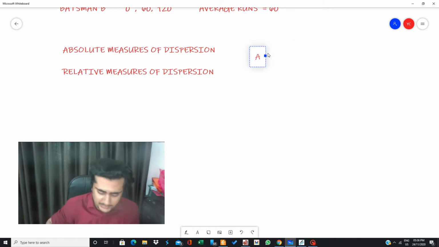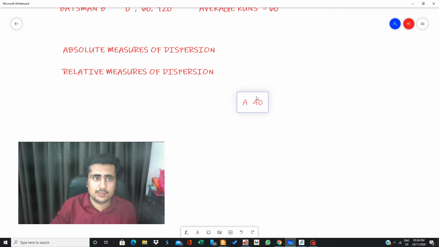I am explaining the absolute measure and relative measure. Student A got 40 marks and student B got 70 marks.